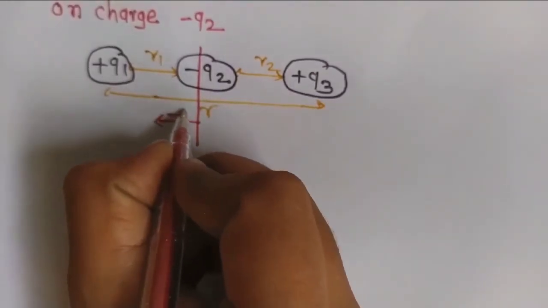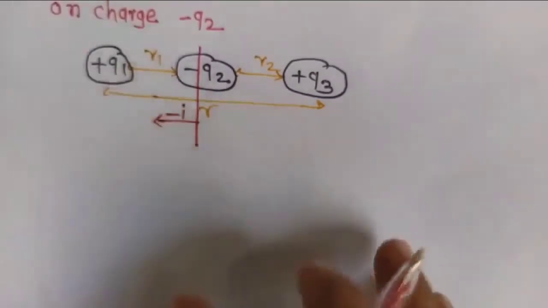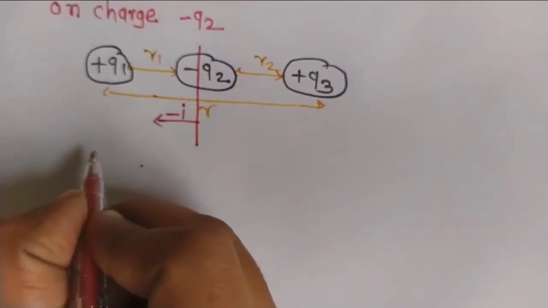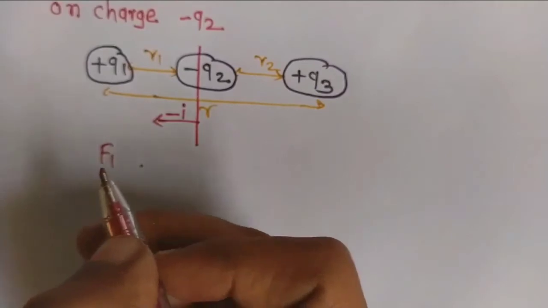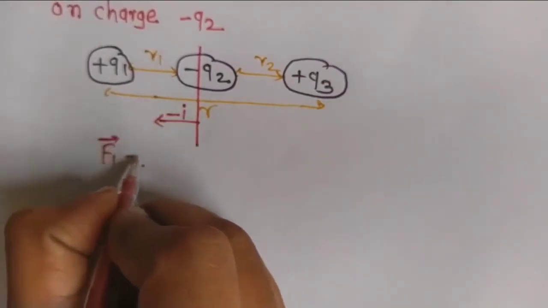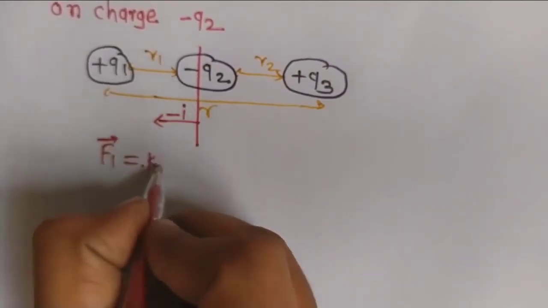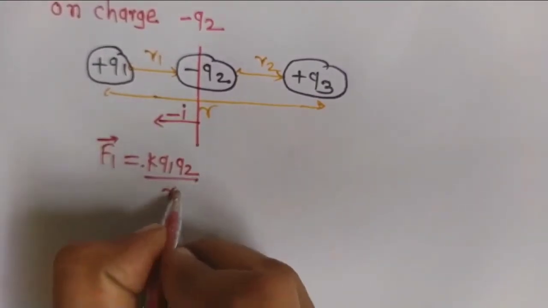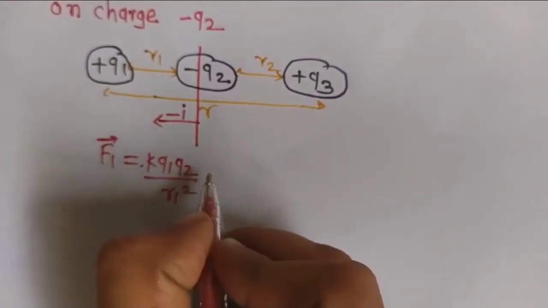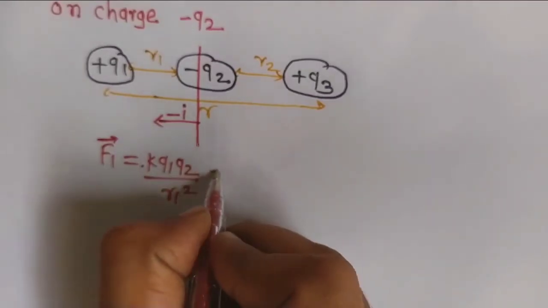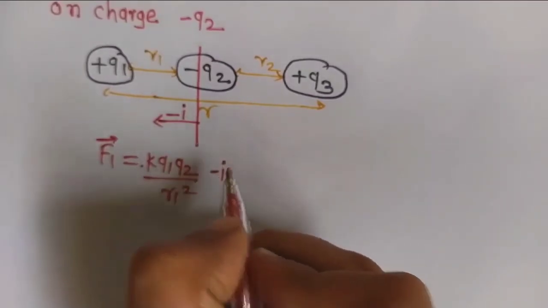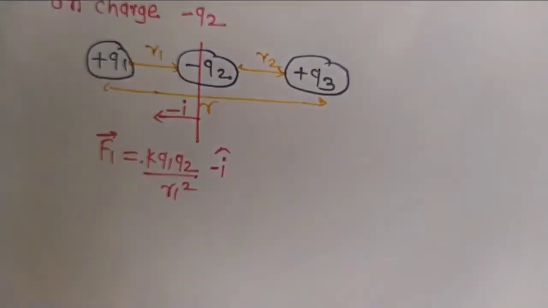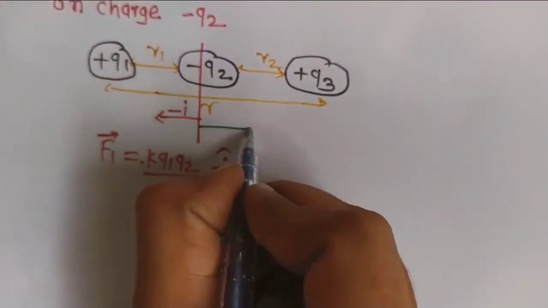So we have to find the net force on charge minus Q2 due to the charge plus Q1. Both charges are opposite, therefore they attract each other, and the direction of the force is towards the charge Q1. That is F1 bar is equal to K Q1 Q2 upon R1 square. This is in the left hand side, therefore it is minus I cap. This is the unit vector.